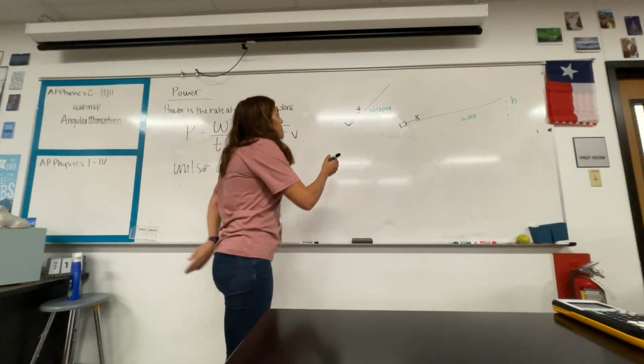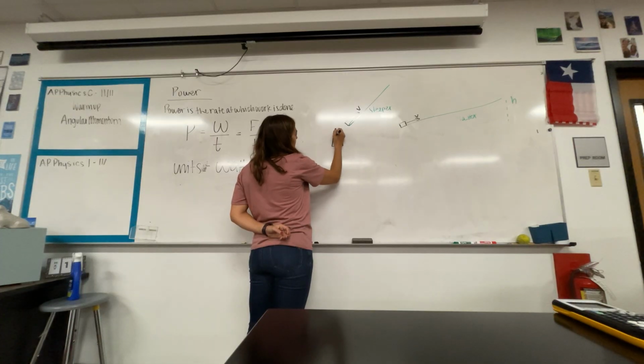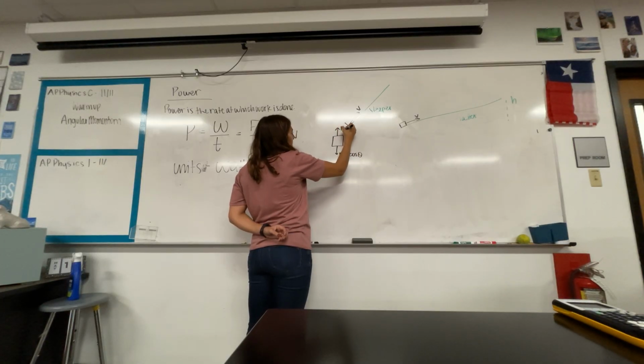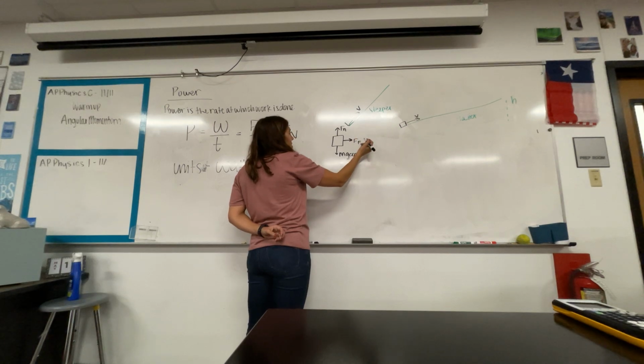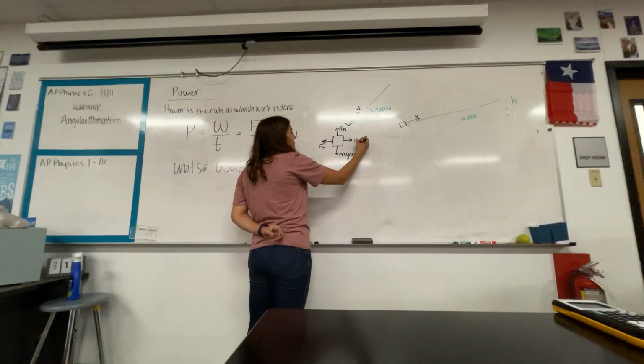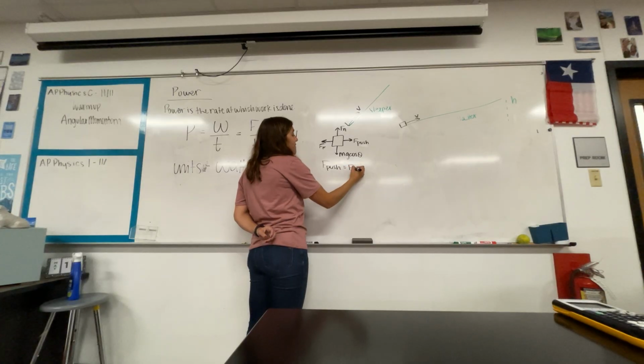Remember, the force to push this up the hill at some constant velocity v, if I draw the free body diagram for a ramp, it's mg cosine theta going down, Fn going up, some friction going down the ramp because I'm pushing it up, and then my force of push going up the ramp. So my force of push must be equal to the force of friction.